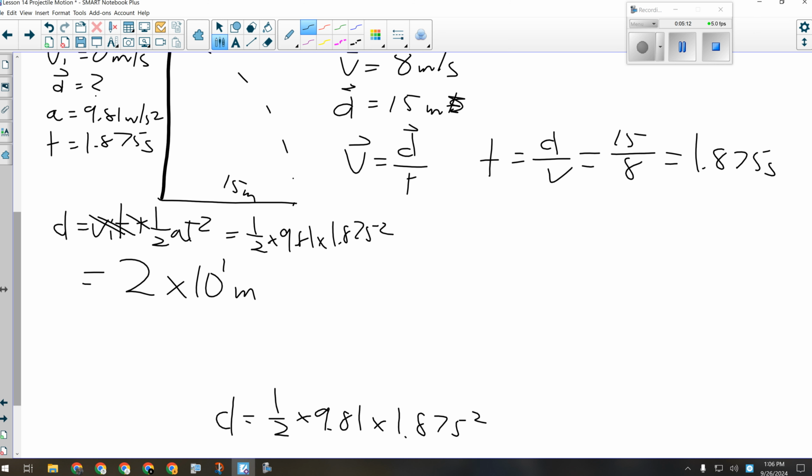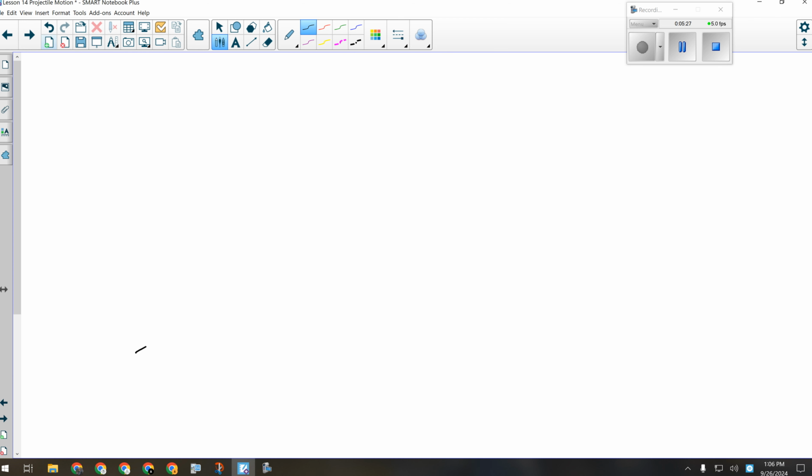Now, the other type of projectile motion is projectiles that are projected at an angle. So if I launch something like this, what's its path through the air going to look like? It's going to arc through the air.